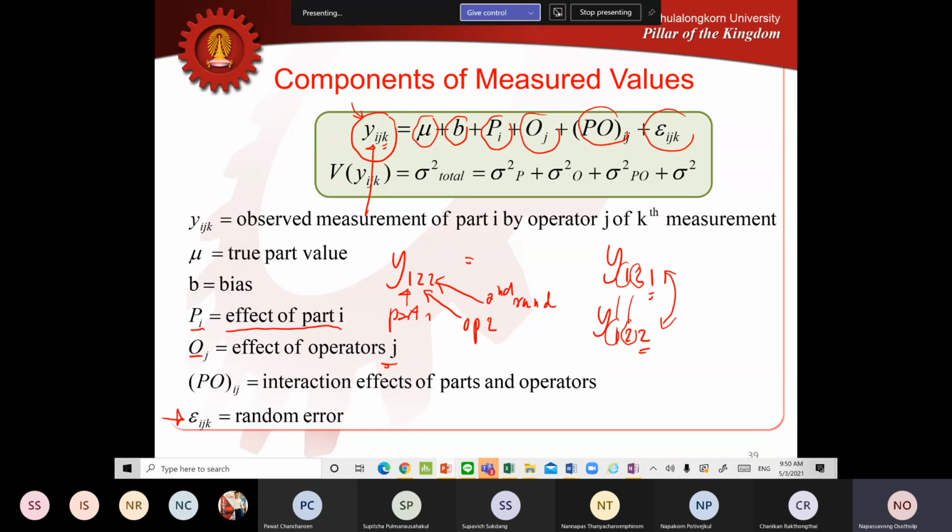We cannot tell that it comes from the operator or parts. So this is called random error.